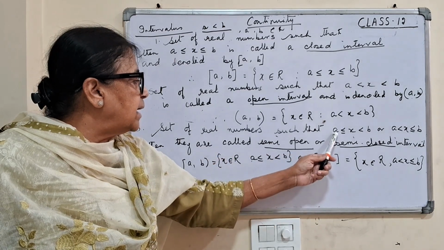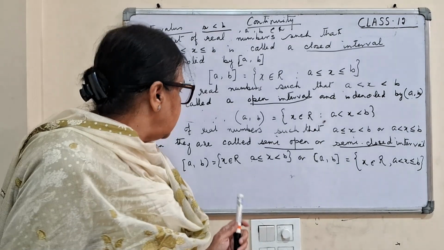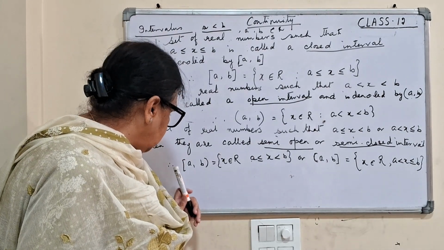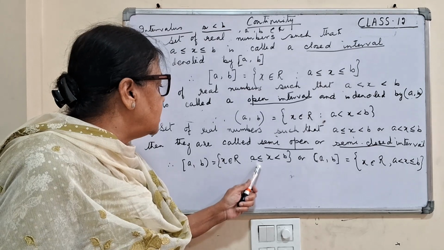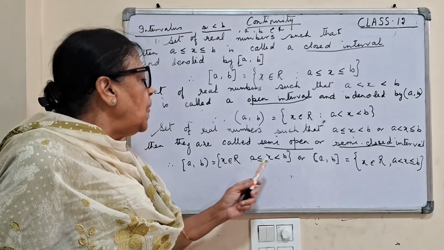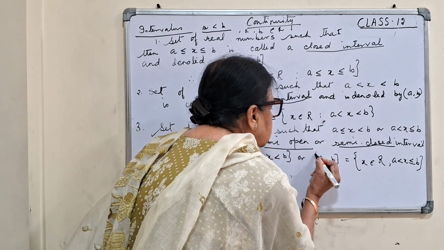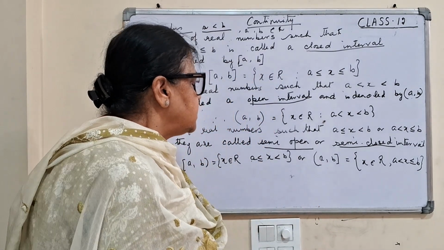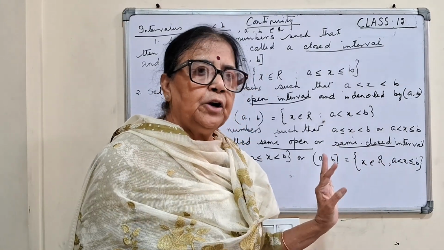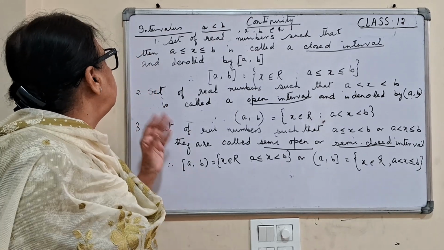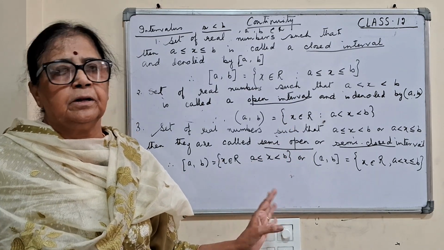They are called either semi-open or semi-closed intervals. The first is included and the second is not included, written with one round and one square bracket. So the intervals are closed interval, open interval, and semi-closed or semi-open intervals.